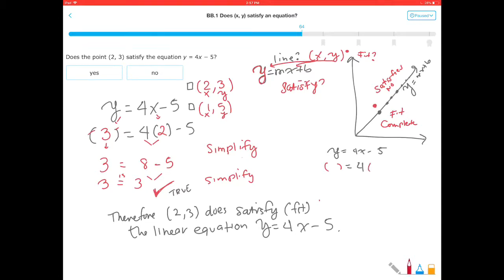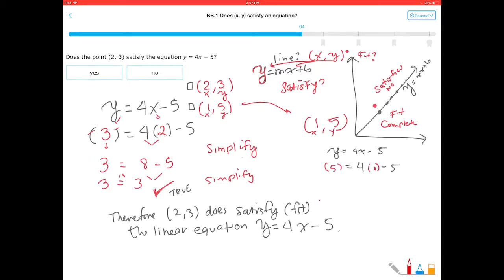4, oops, not x. Why would I put x back in? Placeholder minus 5. What's the point that I was checking? Wasn't it (1, 5)? Isn't this x and that y? So 1 goes in here and 5 goes in here.